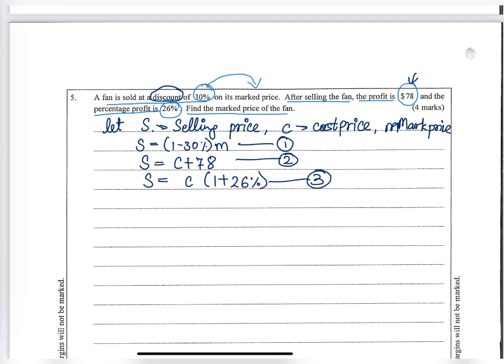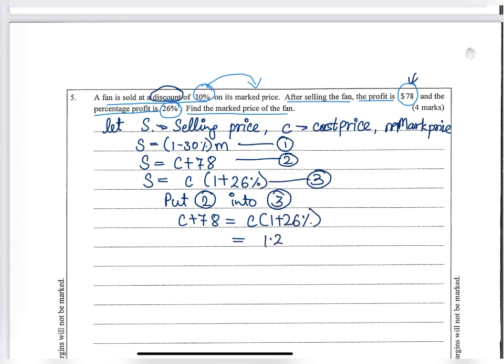So let's substitute, put equation 2 into 3. C plus 78 equals C times 1 plus 26%. If we solve it, it's going to be 1.26 C equals C plus 78.